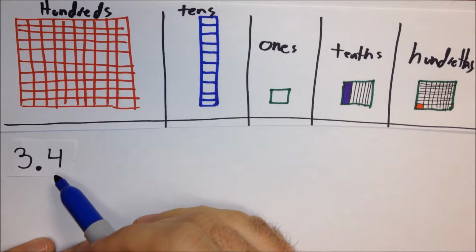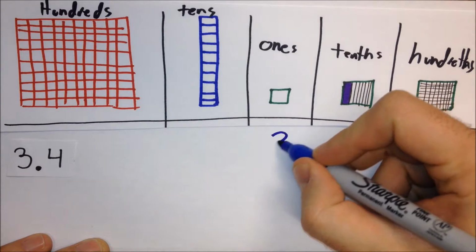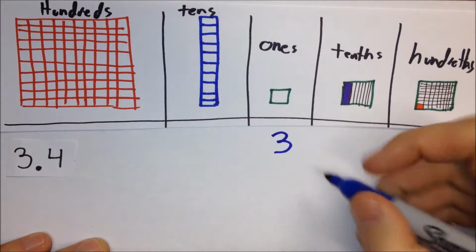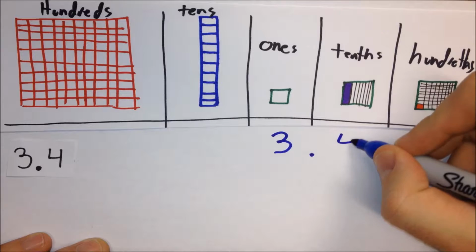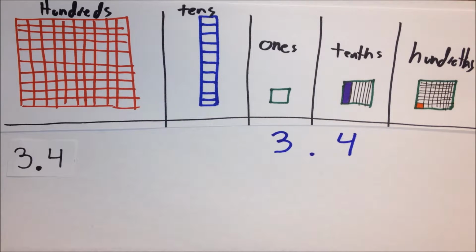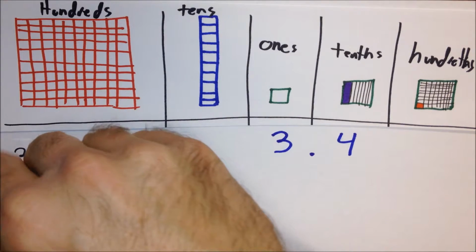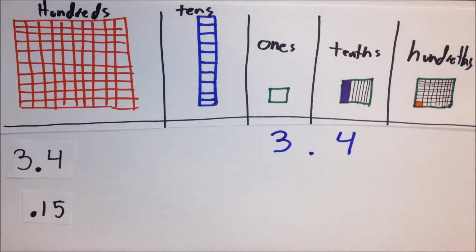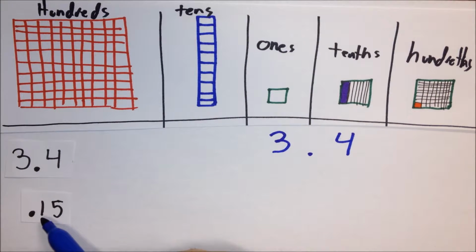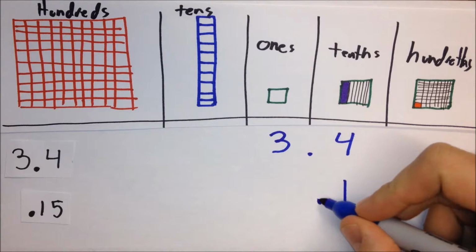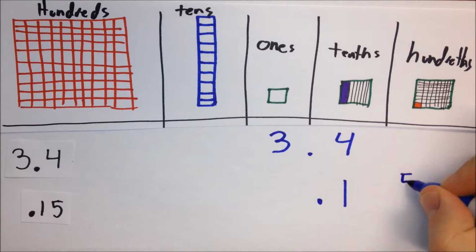Well, 3.4 means we have 3 ones, and it means we have 4 tenths. Now what is our other number, 0.15? Our number 0.15 means we have 1 tenth and 5 hundredths.